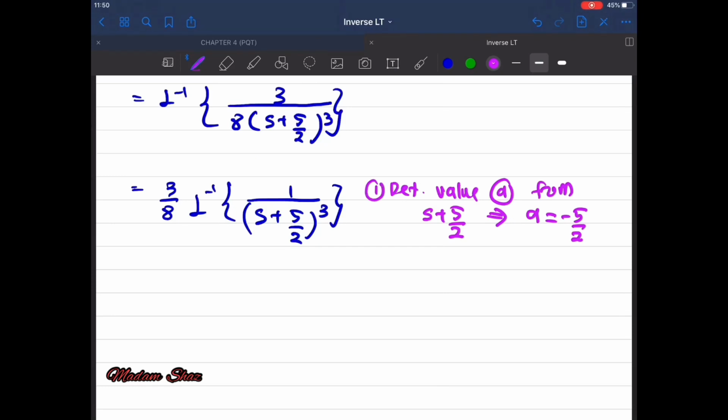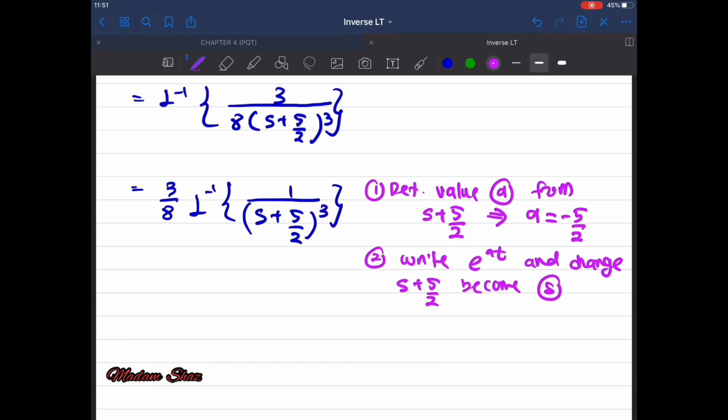The second step, you have to write the exponent at and change s plus 5 over 2 to become s. From s plus 5 over 2, we have determined our a is negative 5 over 2.